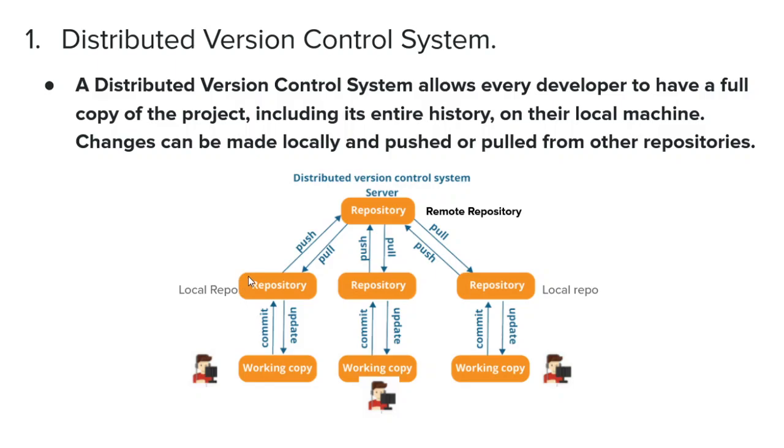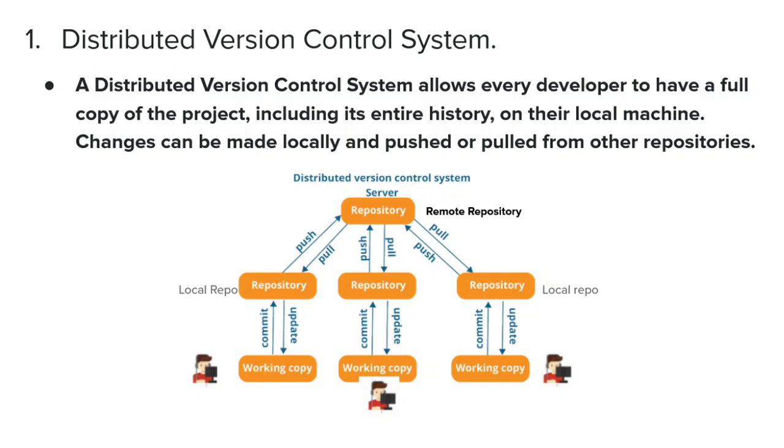Once in a while, they will also push the code from the local repository to the remote repository. Remote repository is nothing but a GitHub repository, which we will be studying.